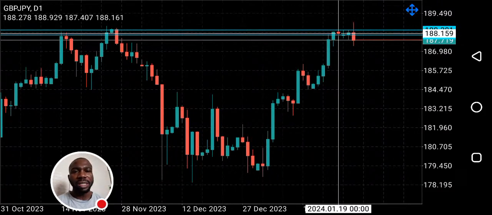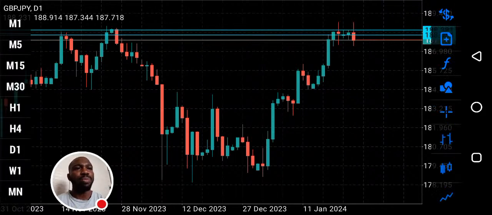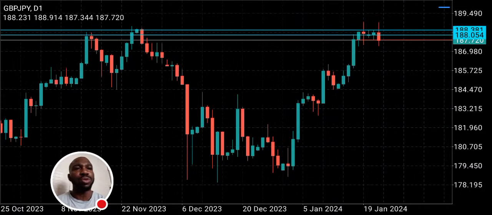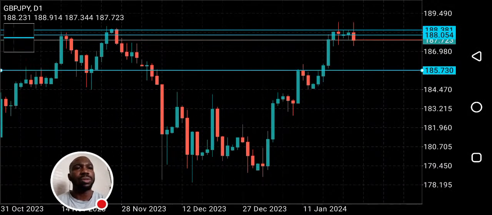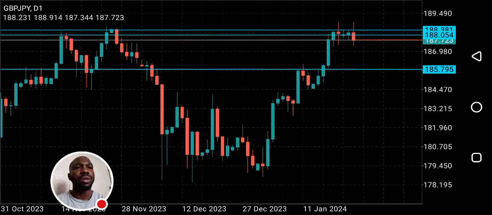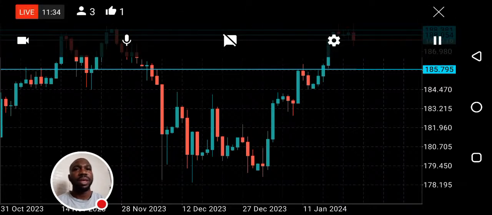But at the moment, GBP JPY is bearish, and it's possible GBP JPY will drop to this next support. That is my expectation on GBP JPY. I hope that is clear.